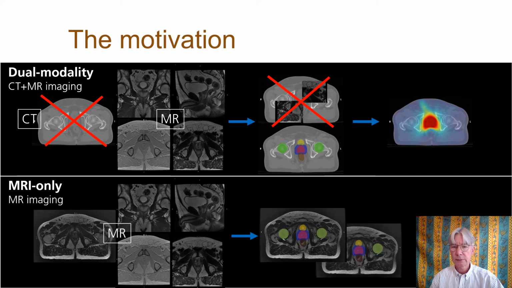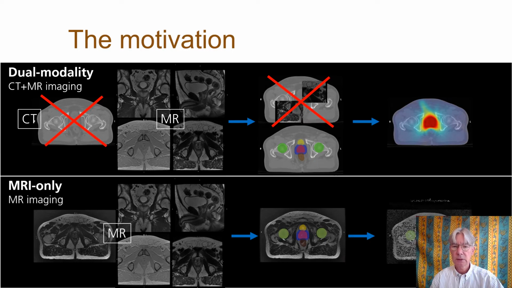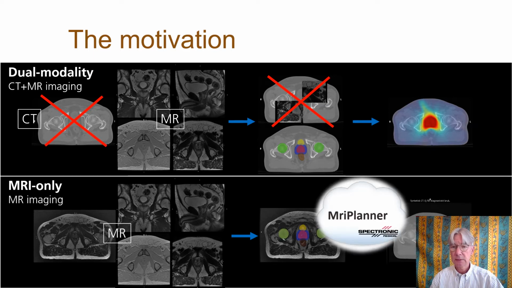We don't need to transfer that information to the CT, and it will be in the same geometry as the synthetic CT, and we use the Spectronic software MRI Planner to generate our synthetic CT images.